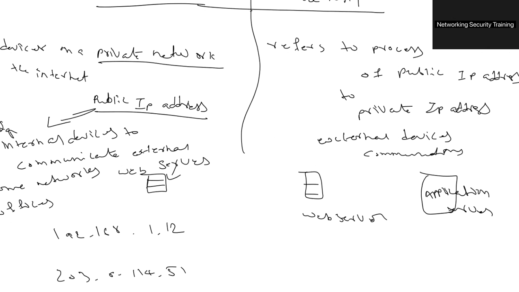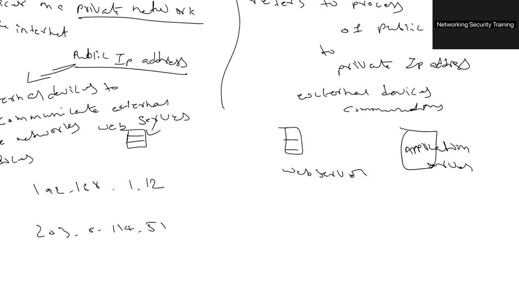Outside network address translation is primarily applied to incoming traffic, to enable external devices to access services within the private network. So coming next, port forwarding.